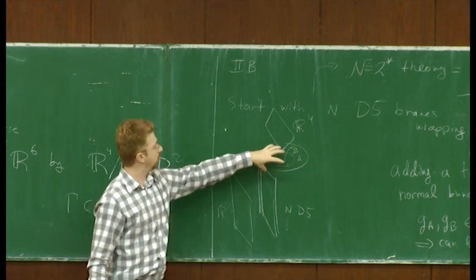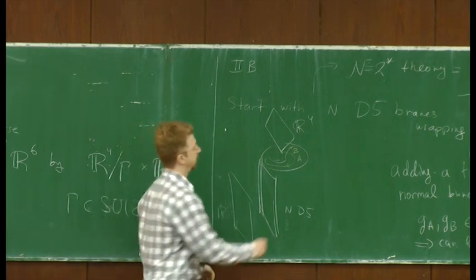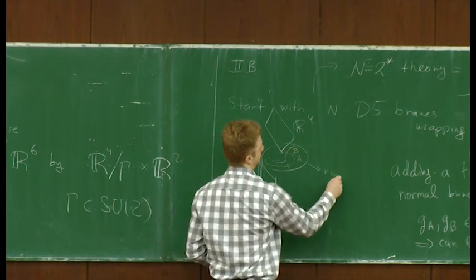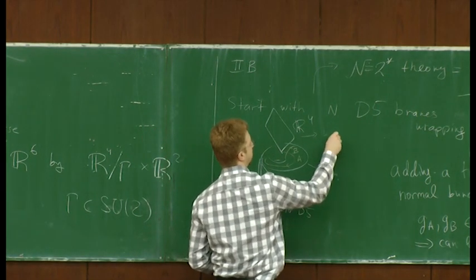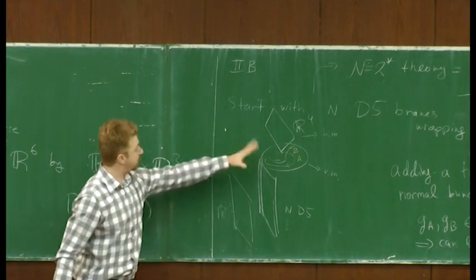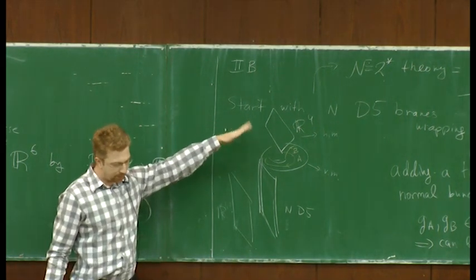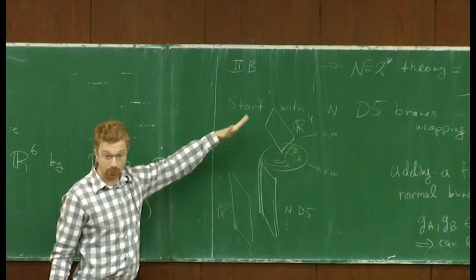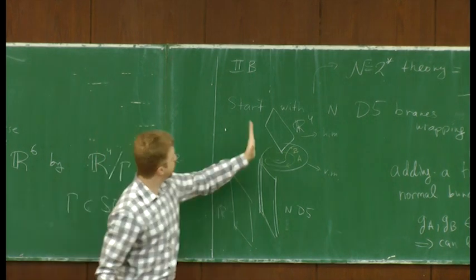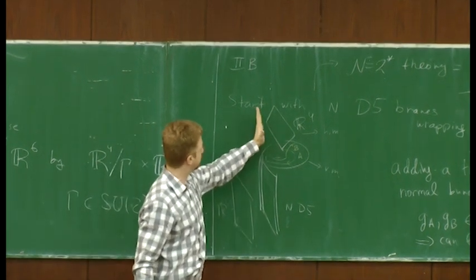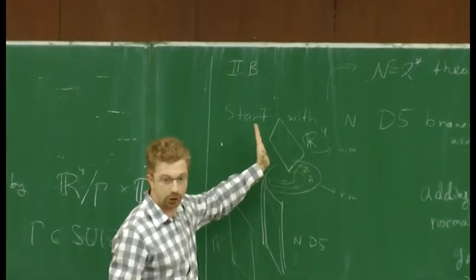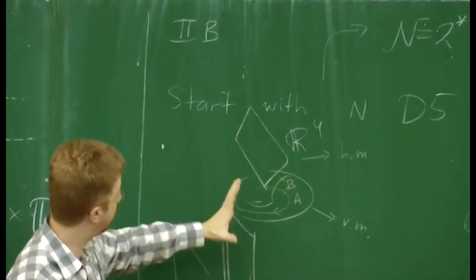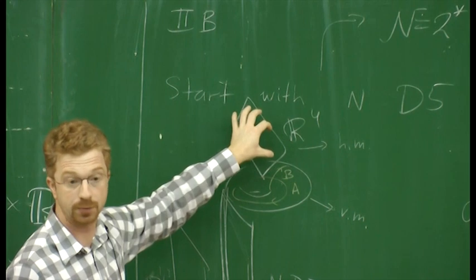So this 2 will belong to the vector multiplet, and this 4 will belong to the hypermultiplet. Now, the scalars describe the fluctuations of the brane, the way you move things around. So if there is no twist, if this is a direct product, it costs you no energy to move your branes along this 4-dimensional space.